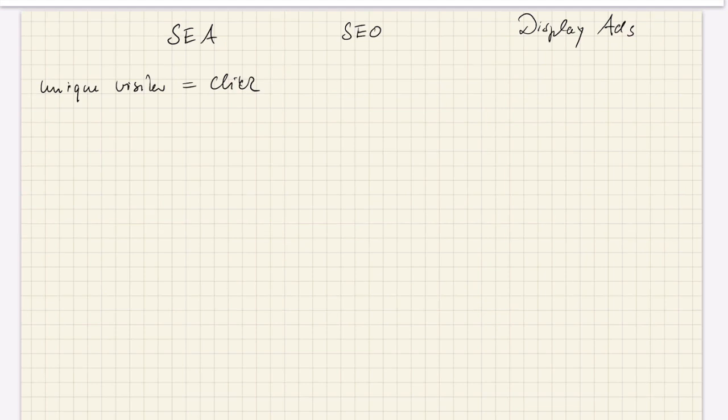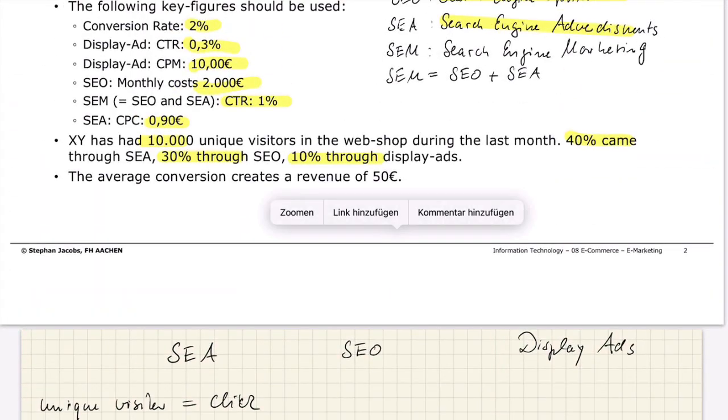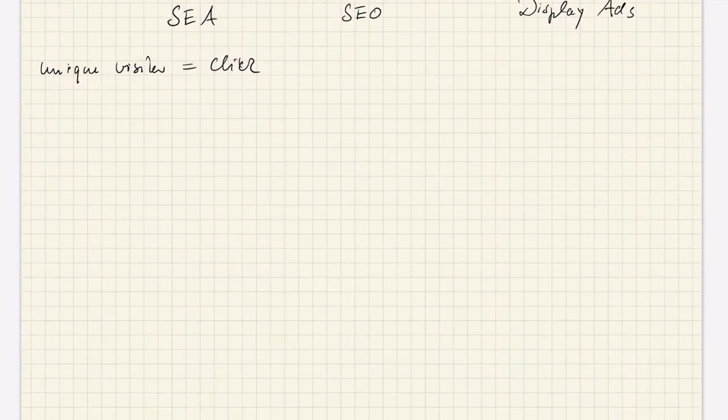And then we can argue we had 40% SEA, so we have 10,000 in total times 40%, which makes 4,000 clicks. So that's what we have. We are looking for clicks in here.